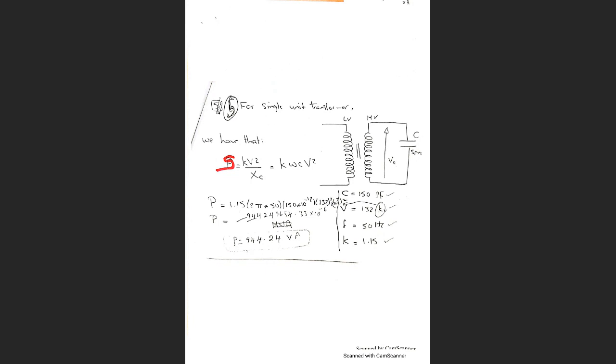Omega we will calculate as 2 pi f. Frequency is given as 50, the capacitor value is given as 150 multiplied by 10 power minus 12, and voltage is given as 132 kV. 132 kV means 132 times 10 power 3, and you have to square it. If you calculate this, you will get 944.24 VA. If you want to convert this into kVA, it will be 0.944 kilovolt amperes.